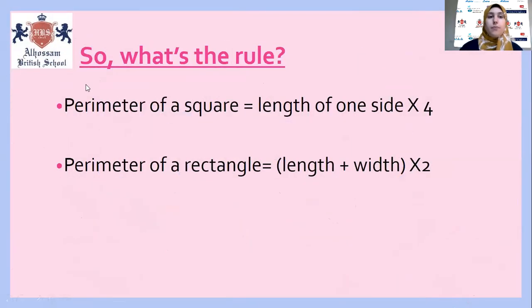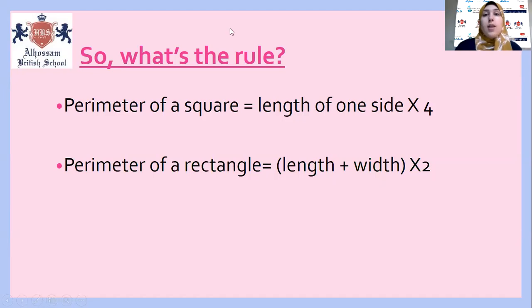So here we go. What's the rule now? As we said, the perimeter of the square equals the length of one side, which was the 5, multiplied by 4. And the perimeter of a rectangle, which was 5 and 3, is 5 plus 3 multiplied by 2.